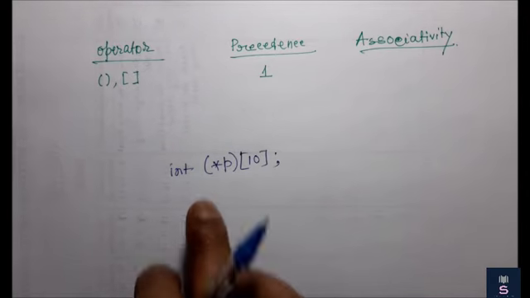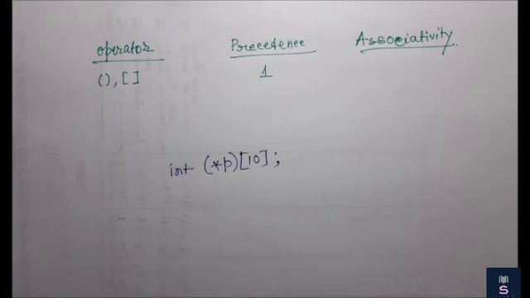To answer these questions, the precedence and associativity concept is very essential for you, because we don't know which data type or identifier the pointer is associated with.